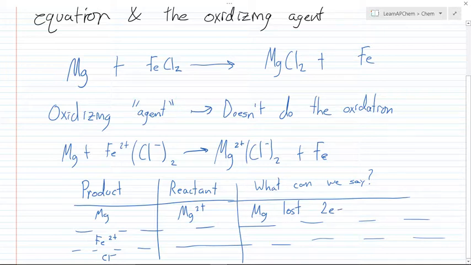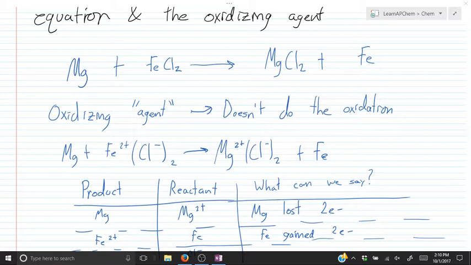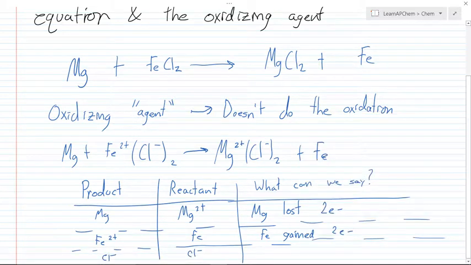As a product, iron is +2. As a reactant, it's just iron. So we can say that iron gained 2 electrons. Cl just says Cl minus. So we can say, sorry, nothing happened.